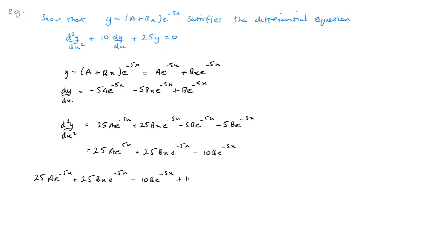Now this is plus 10 lots of my dy by dx plus 25 lots of my y. And there we have it. Now we just need to simplify this and hopefully show that this equals 0. So I'll do that now.